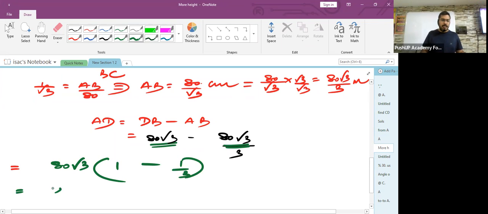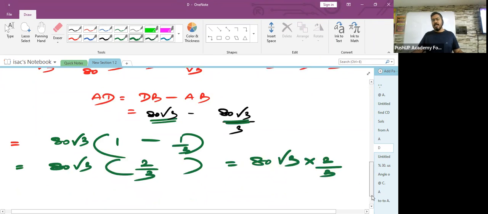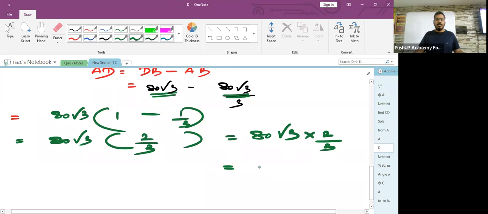Now this is equal to 80√3 into, what is 1 minus 1/3? 2/3, right? This is equal to 80√3 into 2/3. Now, 80 into 2 is 160. So 160√3/3.